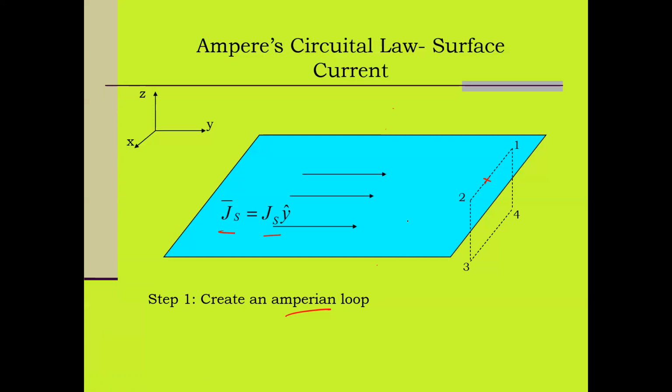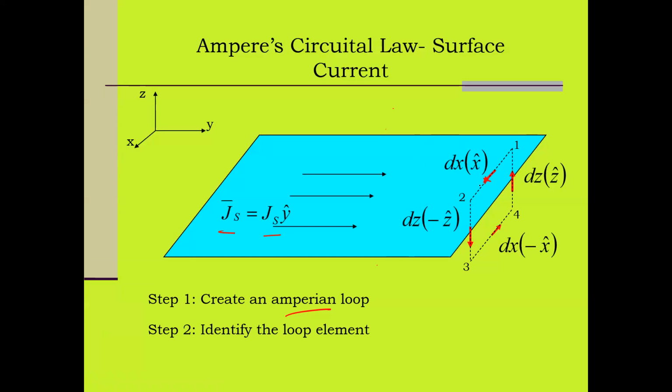The second step that you need to do is that you need to identify the dl for all of these loop dimensions. I mean the loop length. For instance, based on this, you're going to have 4 different dl's related to these Ampere loop sides. So we're going to have this loop direction.